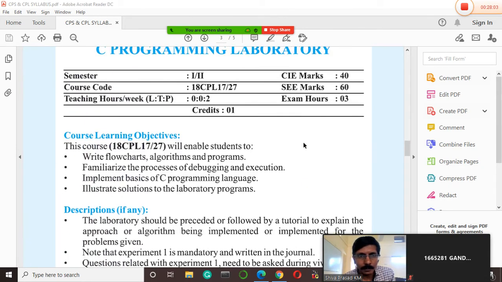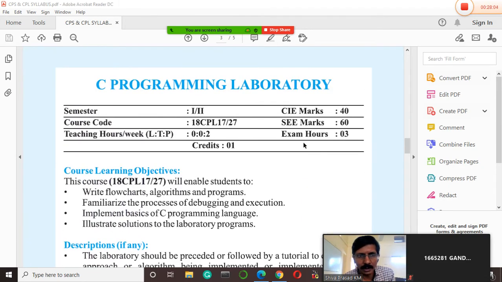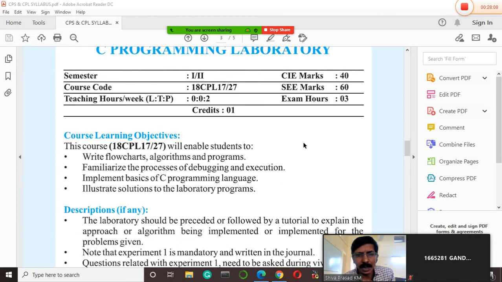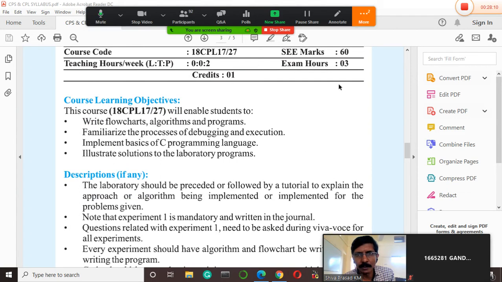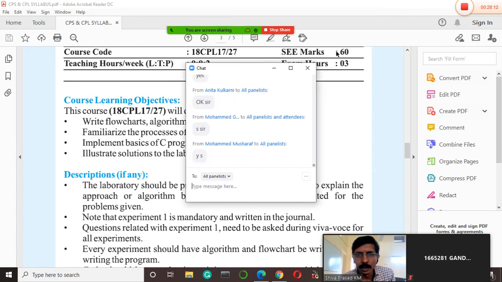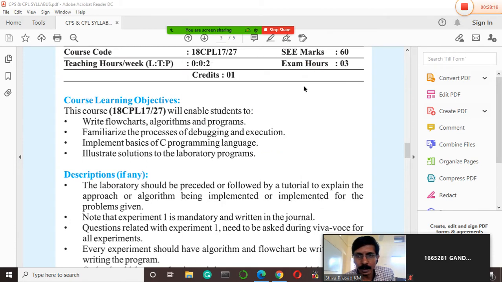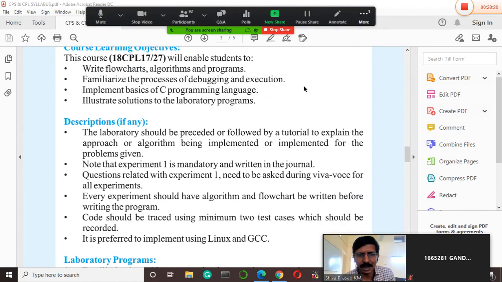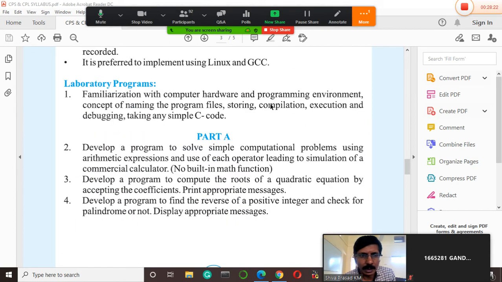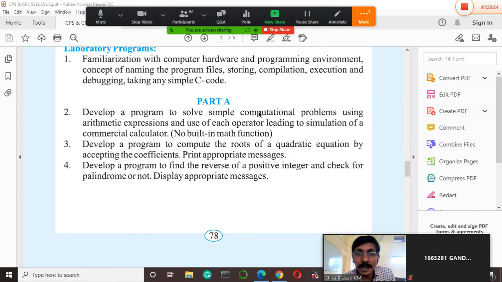Understood, students? I will be sharing this lab manual with you as soon as possible. You can see that manual, and you can also start typing and practicing the programs once I start with module 1, second chapter.